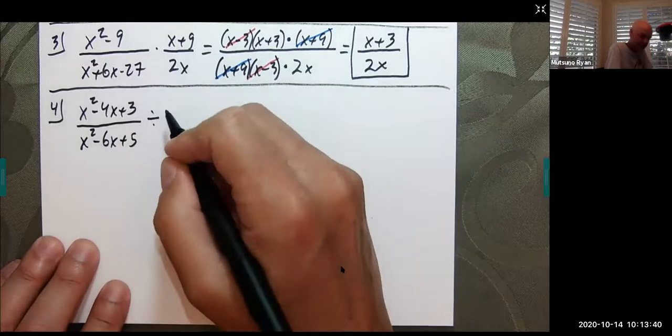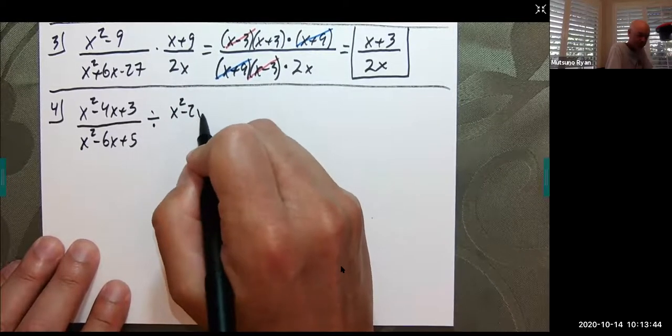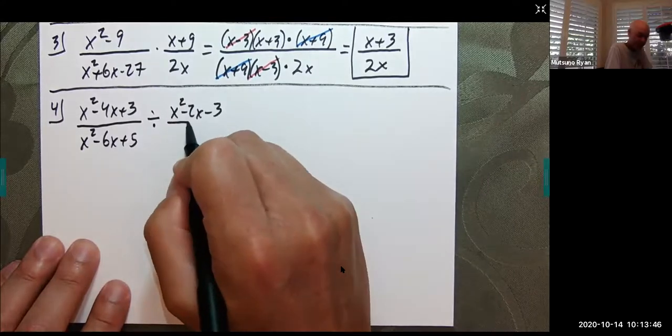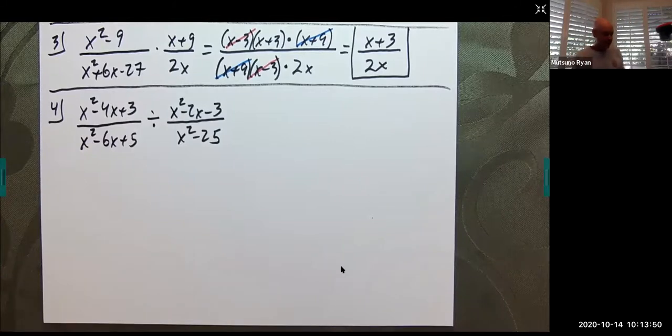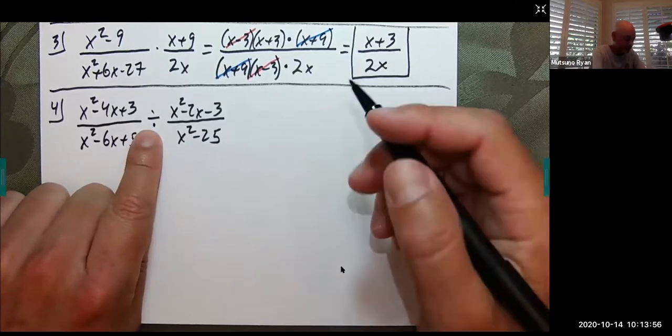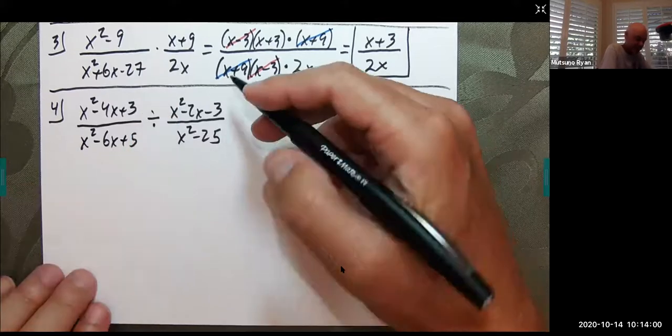Here we're doing division. And although I will eventually have to factor all 4 of these pieces, the big thing to remember with division is when I'm dividing, I'm actually multiplying by the reciprocal of the second fraction here.